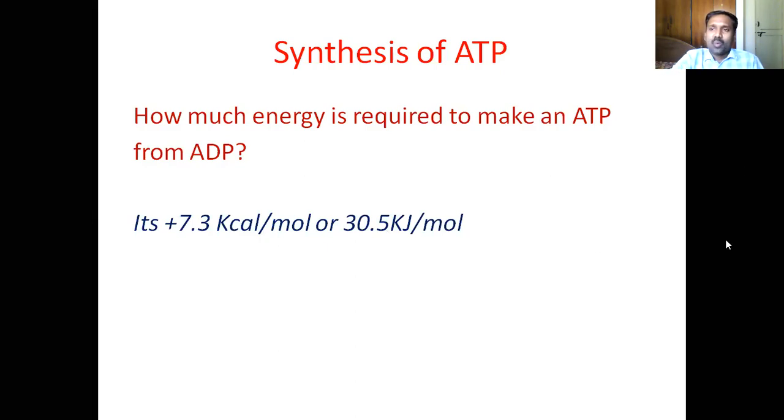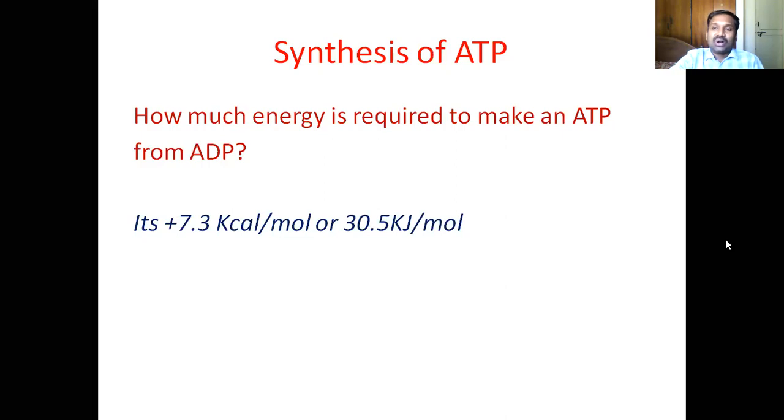Do you understand why more energy is required? Because to make a mole of ATP, 7.3 kilocalories is required. So the cell has to find a reaction which, when conducted, releases more than 7.3 kilocalories of energy. Then such a reaction can be coupled with ATP synthesis.